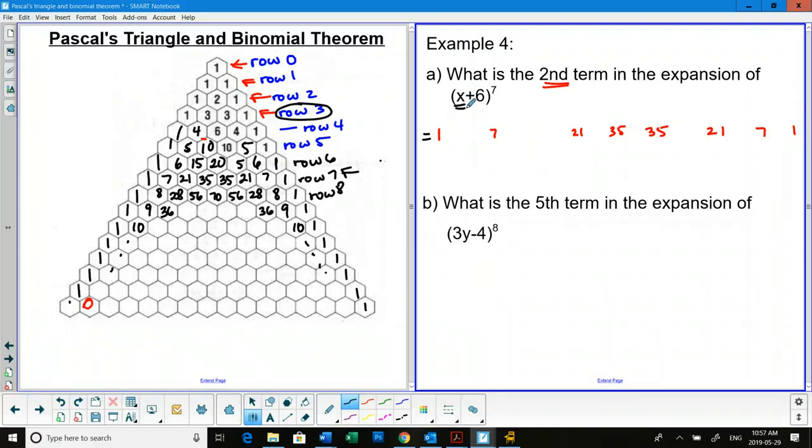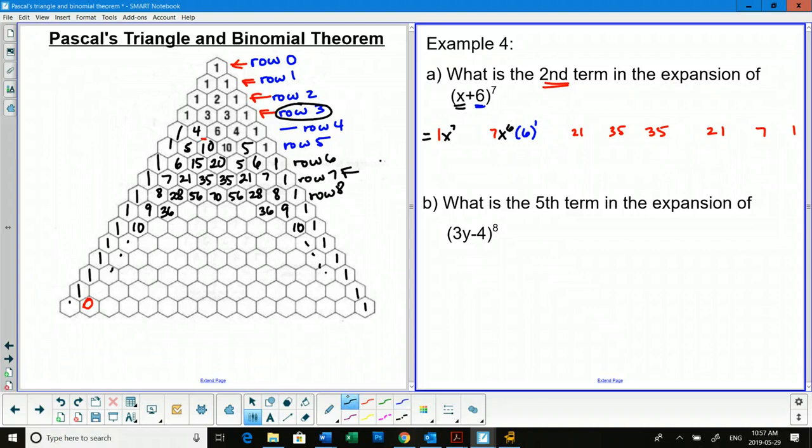I'm going to start with the term on the left with the exponent 7. I don't have to go very far because I'm just focusing in on the second term here. So if I do 7 and then 6, I've got my value, and I'm pretty much done there for that one. What do I know about this term's exponent value at this location? 1. Why is it 1, Katie?